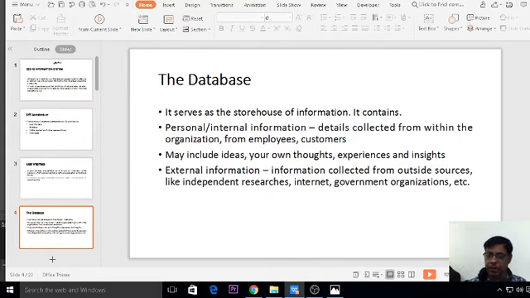It is information collected from outside sources like independent researchers, the internet, government organizations, etc. It may be government policies. It may also be product information from other organizations, and research information about the product.